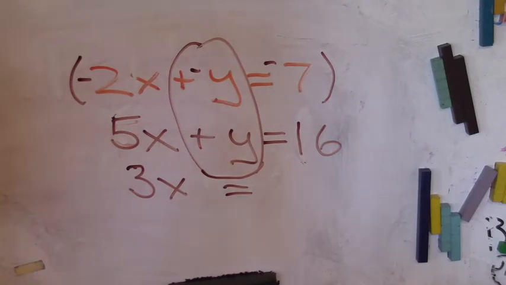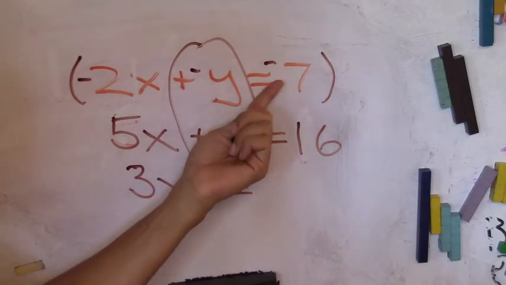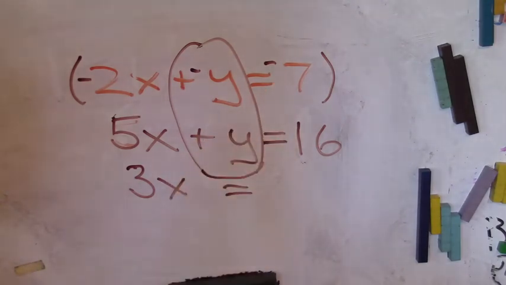You're gonna tell me that you were thinking -17. It's just 7? That's what it says. So you owe me $7 and you have $16. How many dollars do you have left? You have 9.